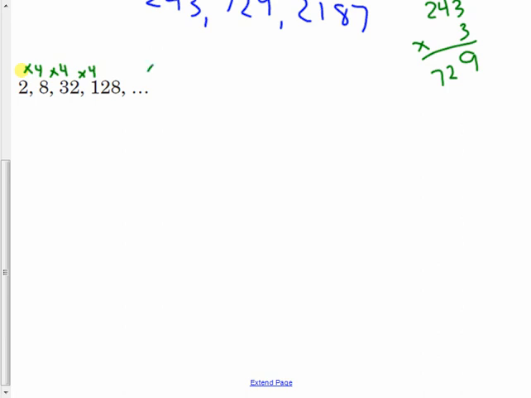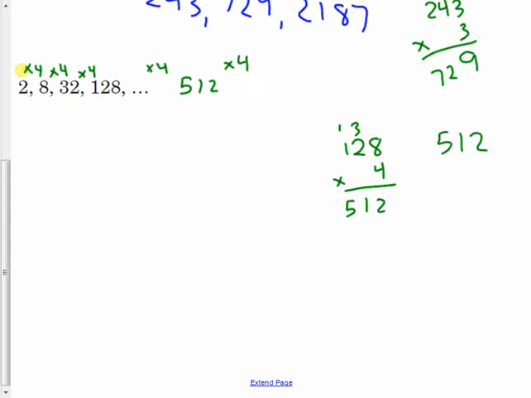So take 128 times 4. 8 times 4 is 32. 2 times 4 is 8. Plus the 3 is 11. 1 times 4 is 4. Plus the 1 is 5. We're already at 512. And we'll take 512 times 4. 2 times 4 is 8, 1 times 4 is 4, and 5 times 4 is 20.